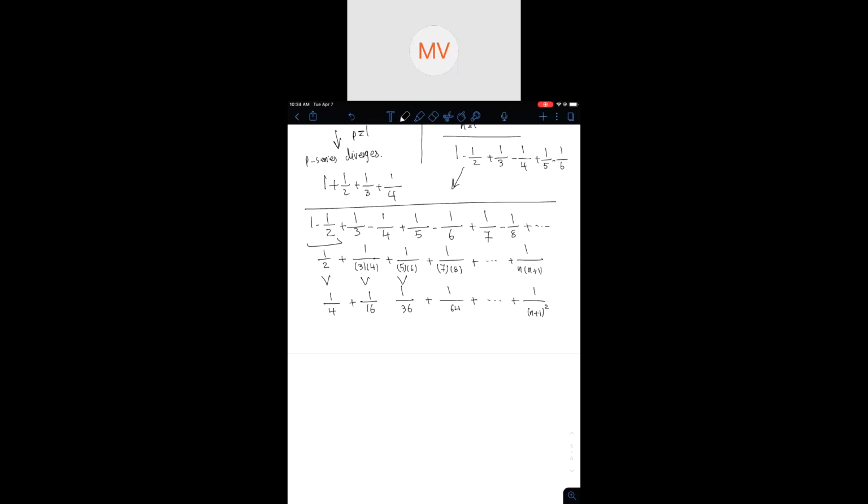Now, what series is this compared to? In fact, you have 1 over 2 squared plus 1 over 4 squared plus 1 over 6 squared plus. You have all the even numbers.